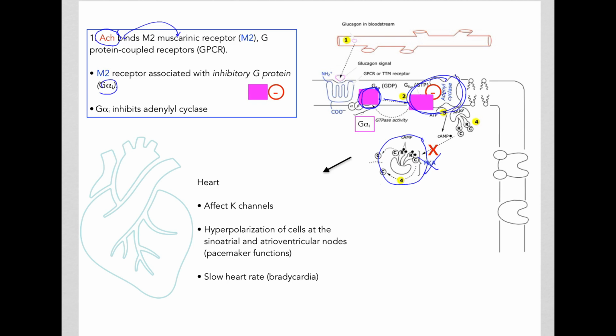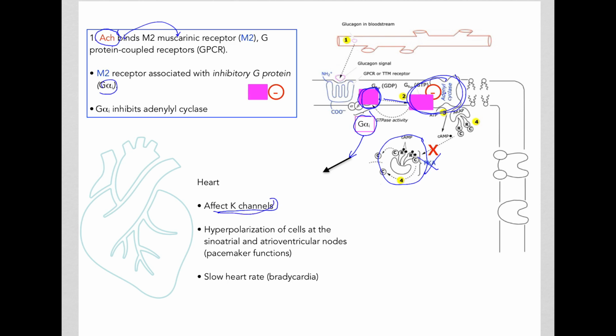So we have very different biological outcomes. One of the effects of this G-alpha protein is also that it affects potassium channels in the AV node as well as the SA node.